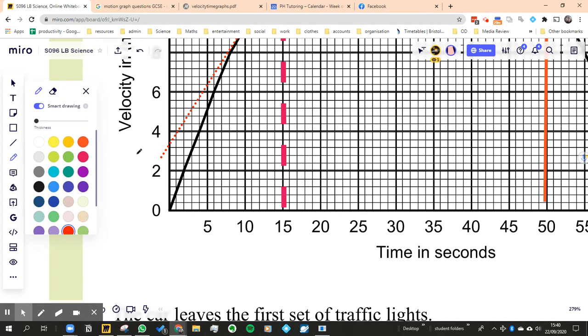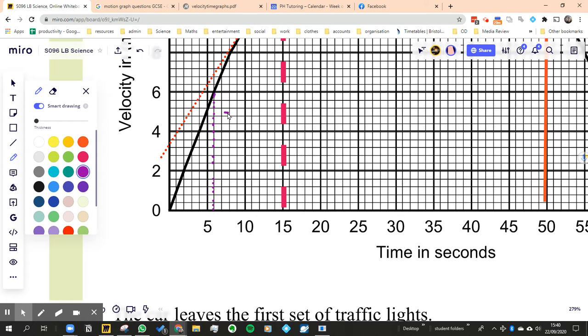And so at 6 seconds, first of all, the time, this would be 6 seconds here. And it actually looks like at 6 seconds, the change in velocity is also 6.